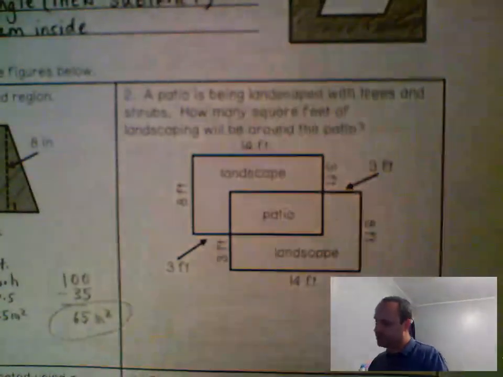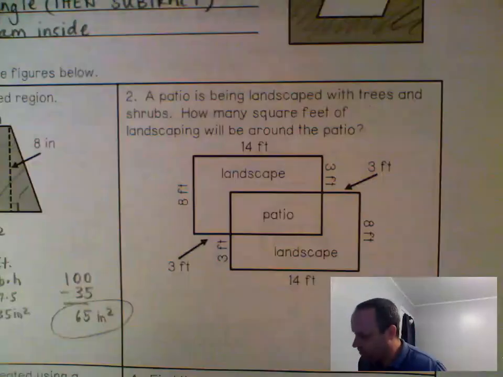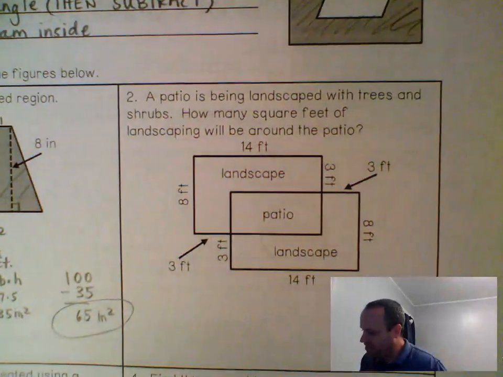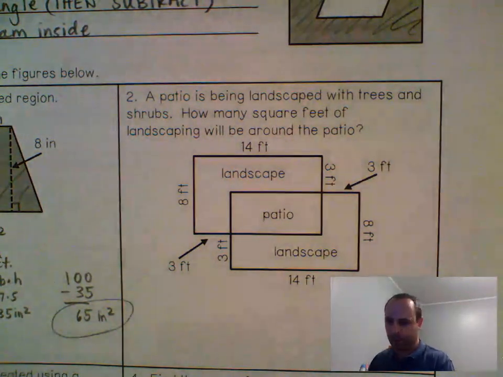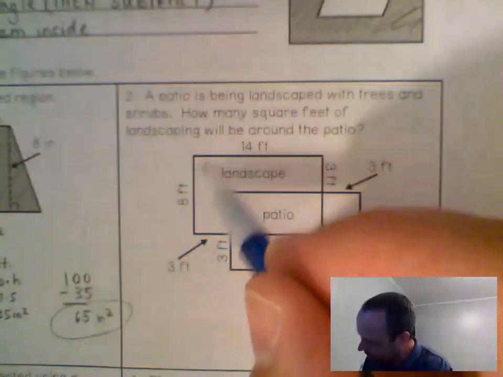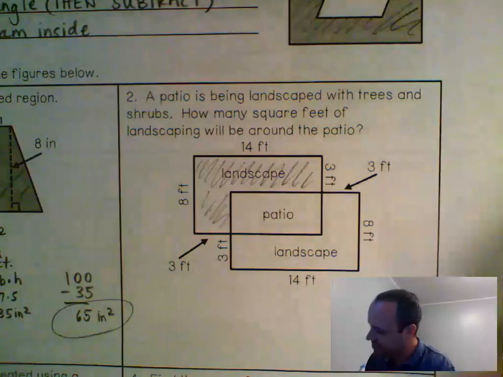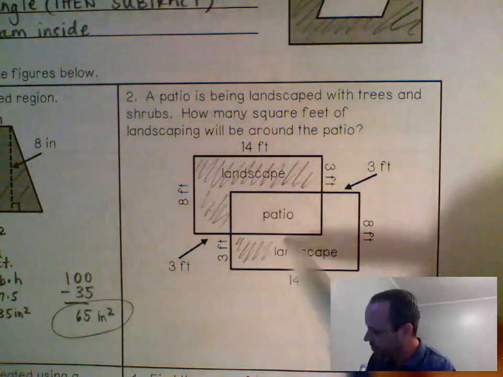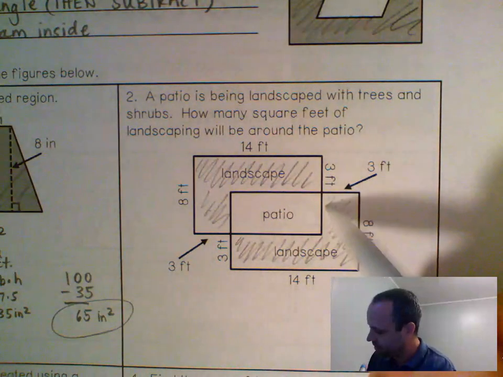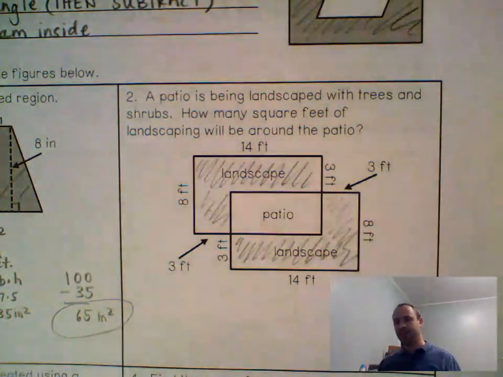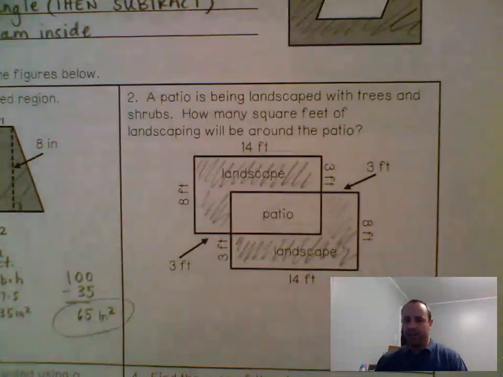And finally, on number 2, a patio is being landscaped with trees and shrubs. How many square feet of landscaping will be around the patio? So they're looking for all of this, this, this, and this. Now you may have to get creative here.